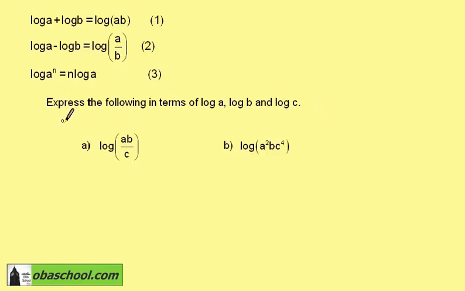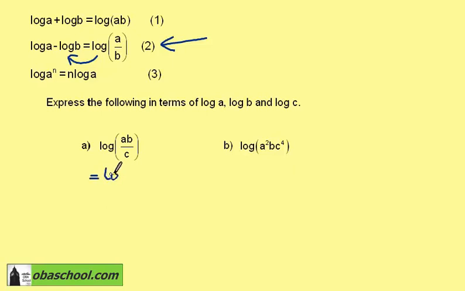We want to express the following in terms of log A, log B, and log C. If we look at this one, we can see in the first instance it's like the second law, and we're going to be splitting apart in this direction.